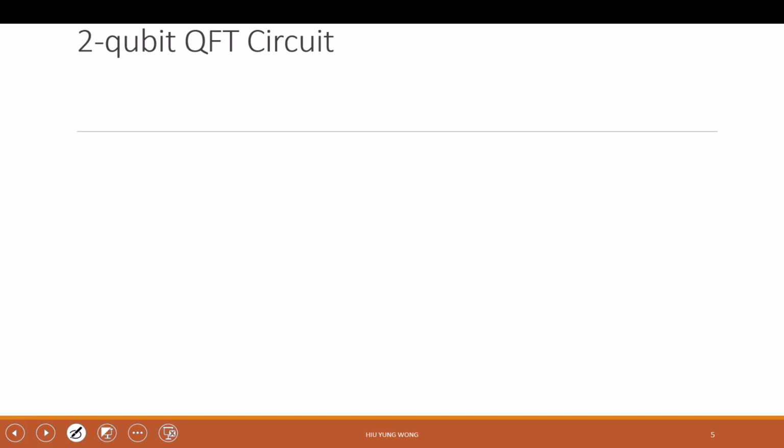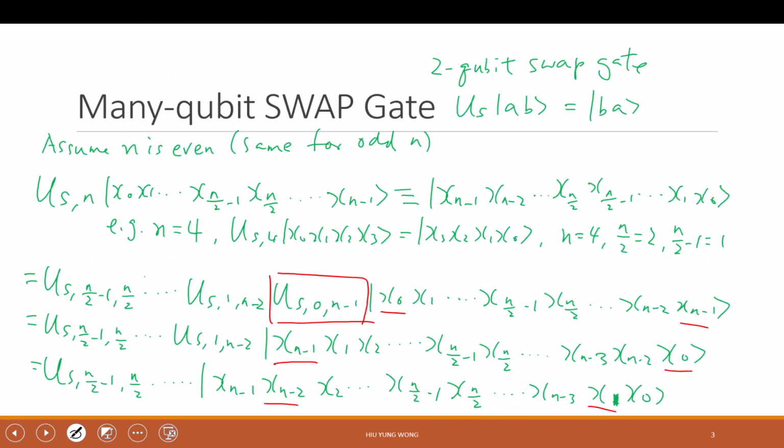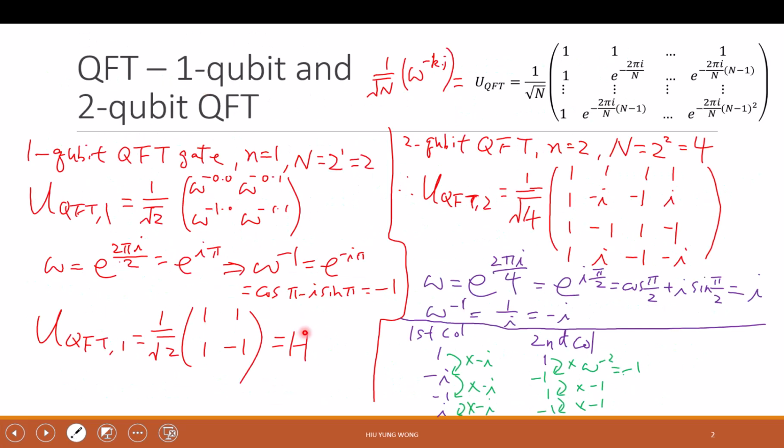So now, let's say, how do you implement a 1-qubit QFT? What is the circuit of a 1-qubit gate? Hadamard, we just proved that the 1-qubit QFT is the Hadamard gate, right?